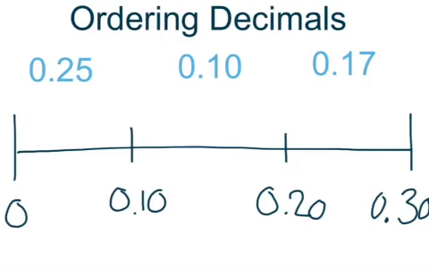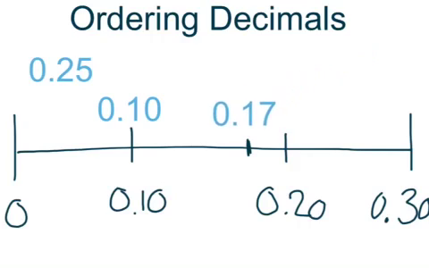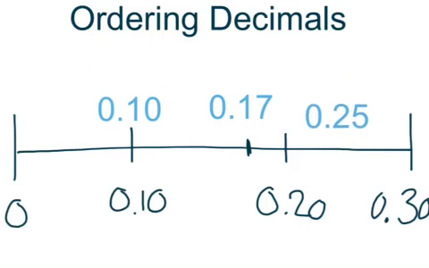Alright, so if we put those in order, our 10 hundredths would go here, our 17 hundredths would be before 20, so probably somewhere right around there. And our 25 hundredths is going to be after the 20, so right about there. So if we put them in order, it would be 10 hundredths, 17 hundredths, and 25 hundredths, going from smallest to biggest.